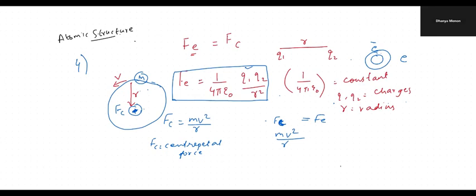I need some space here. Okay, students, so this is the electron revolving around the positive nucleus. Now, how many protons are there inside the nucleus? We know that the number of protons is equal to number of electrons.